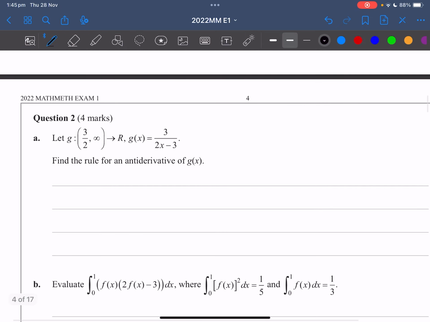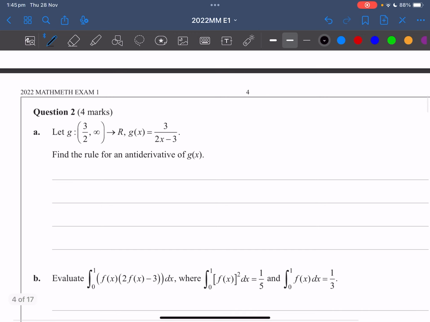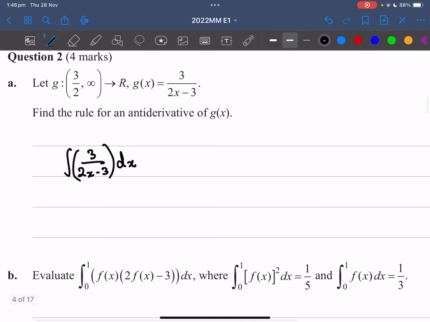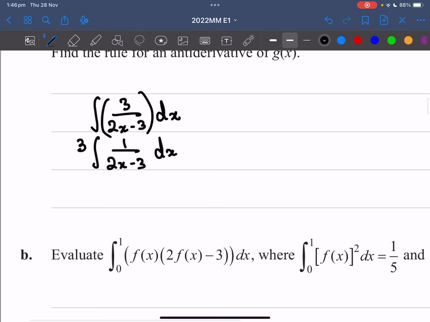Alright, so find the rule for an antiderivative of g of x. Okay, so we just have to simply integrate this. So we'll have the integral of 3 over 2x minus 3 dx. What I'm going to do is take 3 out as common. So we'll have 1 on 2x minus 3 dx, right? And now I'm going to isolate this x over here, so I'm going to take 2 out as well.